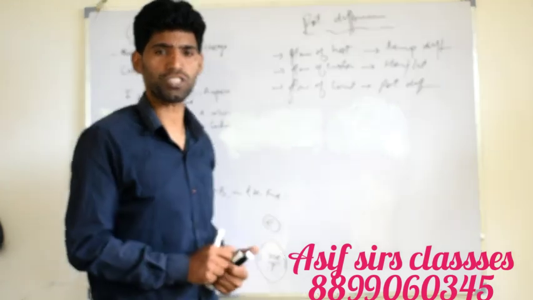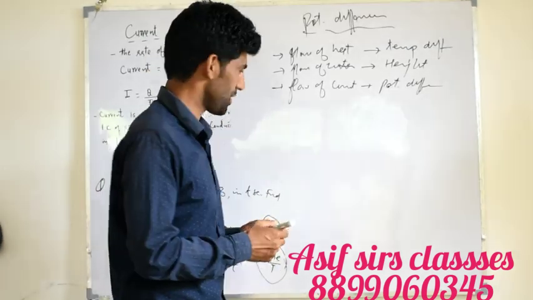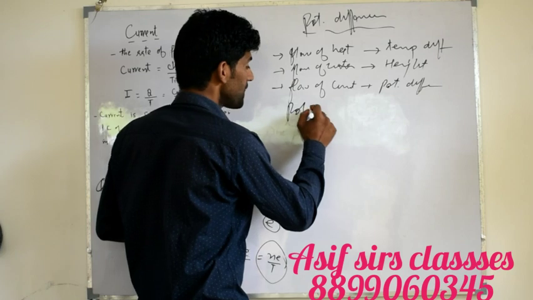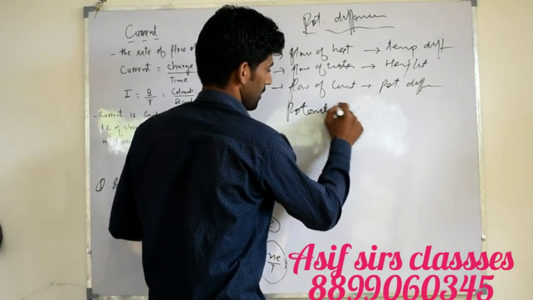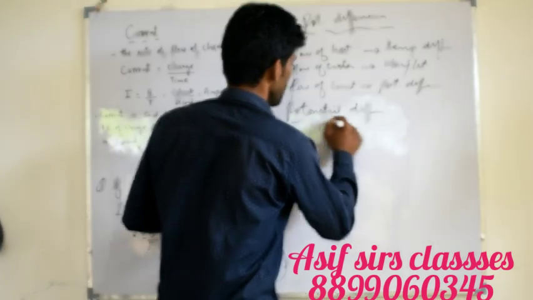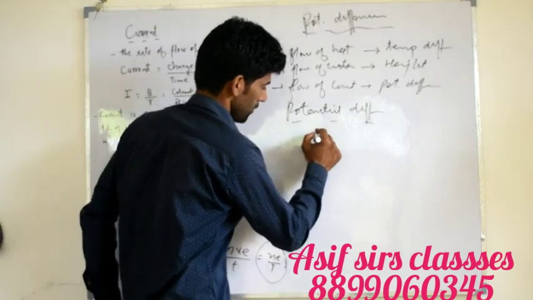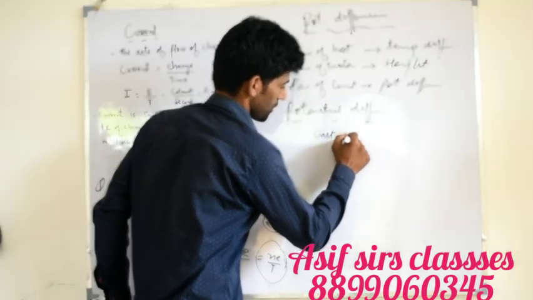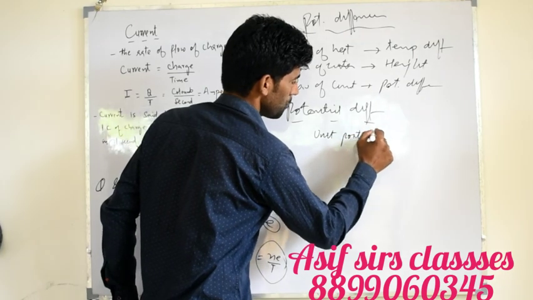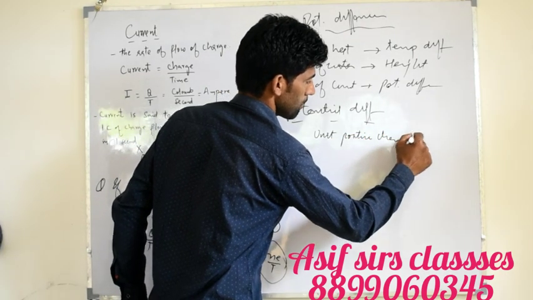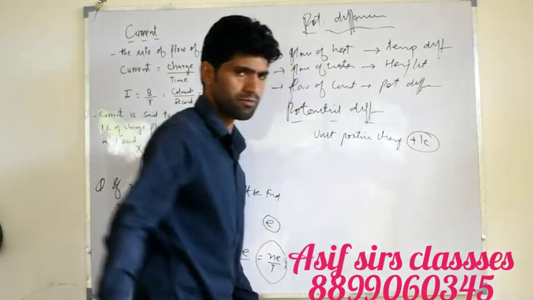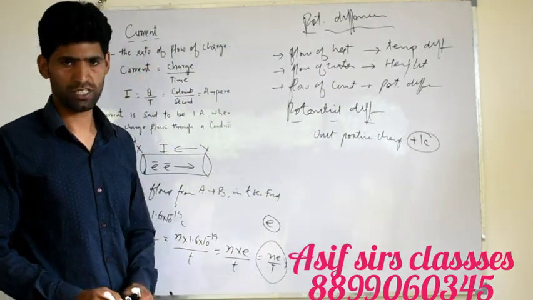Now what is this potential difference? To understand potential difference, I will take one term, that is unit positive charge, that is plus 1 coulomb charge. This will help us in understanding potential difference.